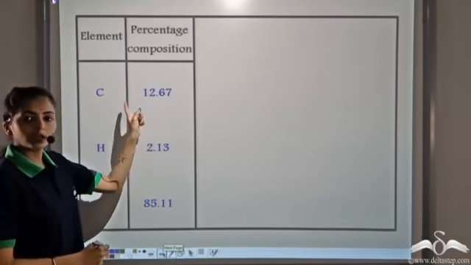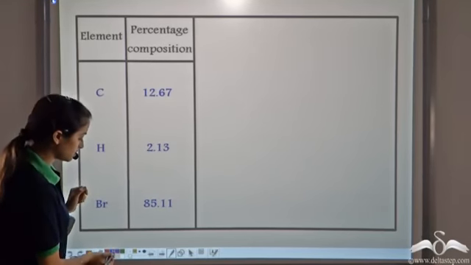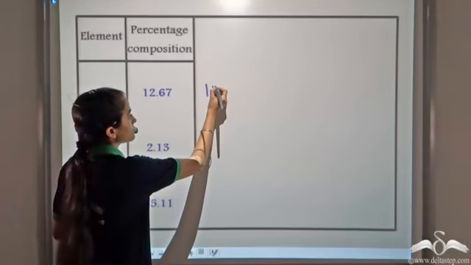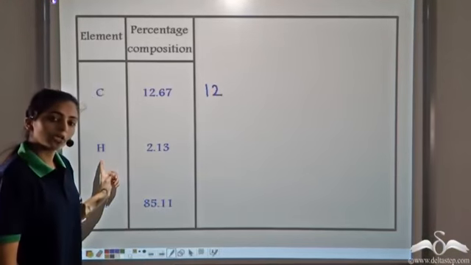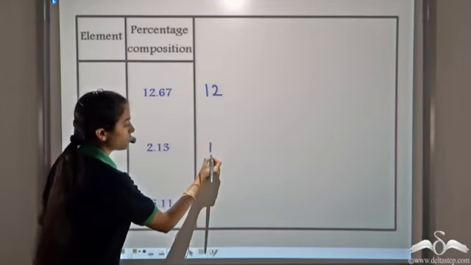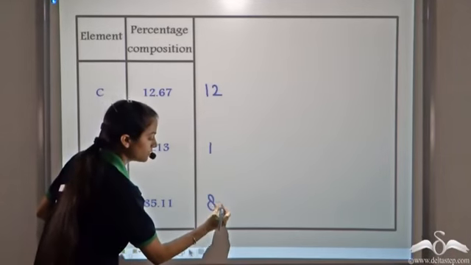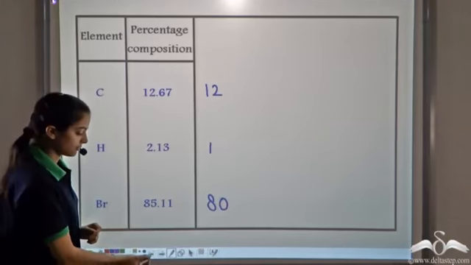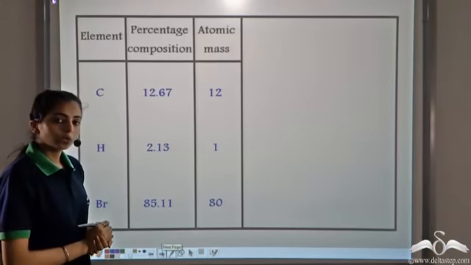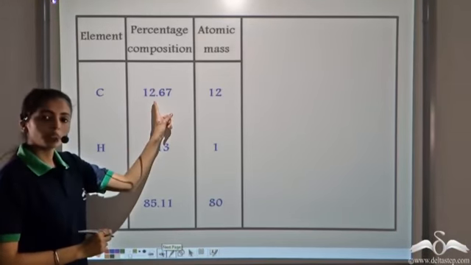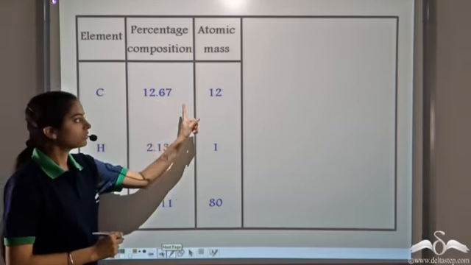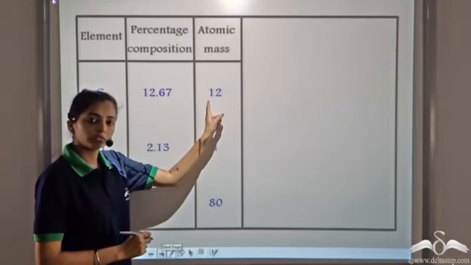Now we know the atomic mass of carbon is 12. The atomic mass of hydrogen is 1 and of bromine is 80, which is also given to us. Now this is the percentage composition of carbon in the compound and this is the atomic mass of carbon.